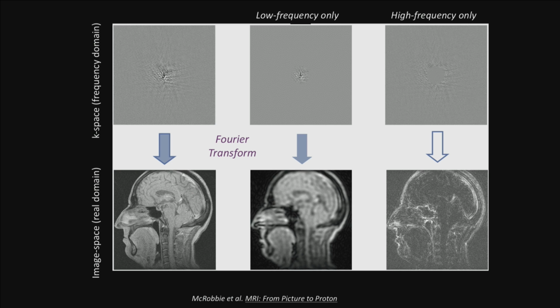This is a mask of just the low frequency K-space data, and it's representing a lot of the information, actually a lot of the signal, but it's only slowly varying features. Features that are high spatial frequencies are features like edges, and those are giving us the fine detail about the structure, or giving us our spatial resolution.